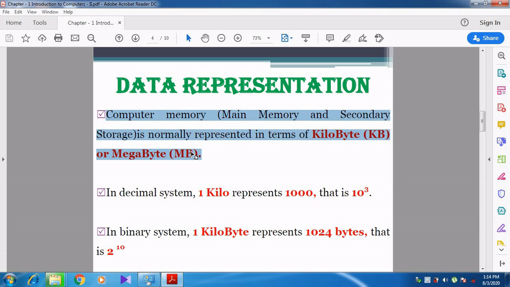Whatever the usage is, we don't know, but we need more capacity, because most people use the computer only for watching movies, storing music and playing games. So they need more storage.